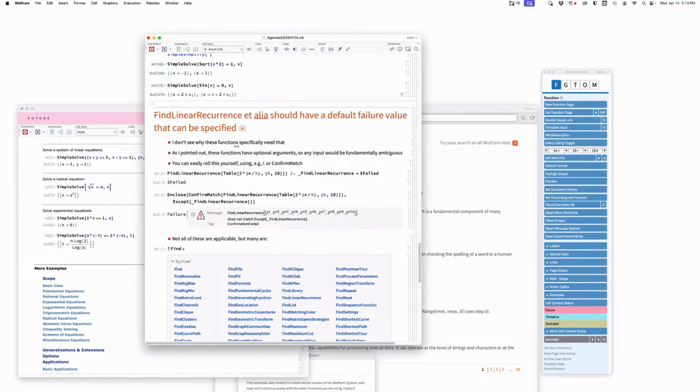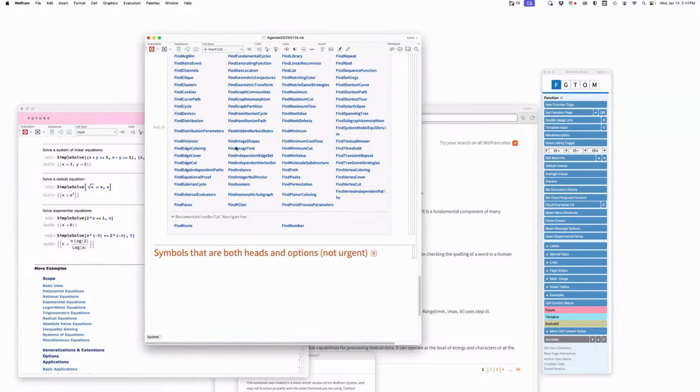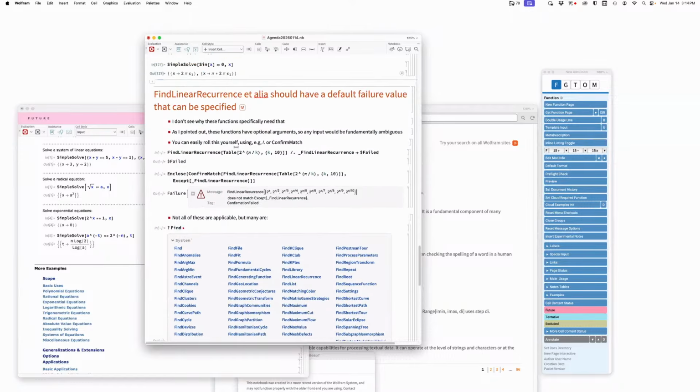For my actual use cases, I would be very happy to have something like First, where I can give a default value if find sequence function doesn't work. Maybe it's just the specific use case I had. I was trying to bash a bunch of sequences, and for some I would get actual results, and others failed.